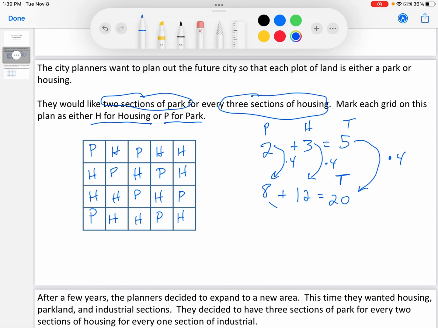And that uses up all 20 squares, and now there are 8 and 12. So does that satisfy it? Is 2 to 3 equal to 8 to 12? Well, 2 times 4 is 8, and 3 times 4 is 12, so yes. This satisfies the conditions. We've used up all the sections of the city, and we have assigned a ratio of for every 2 park sections, there are 3 sections of housing.